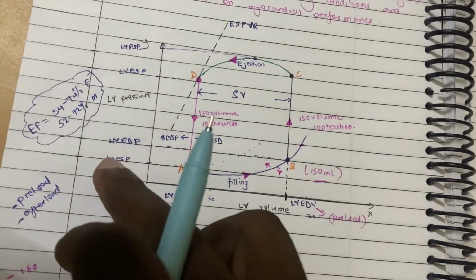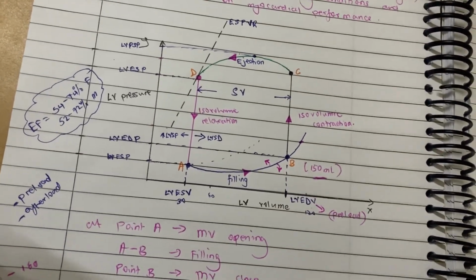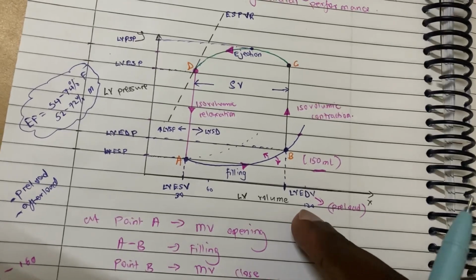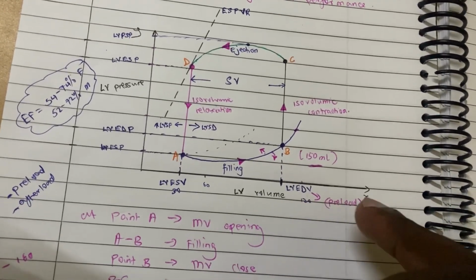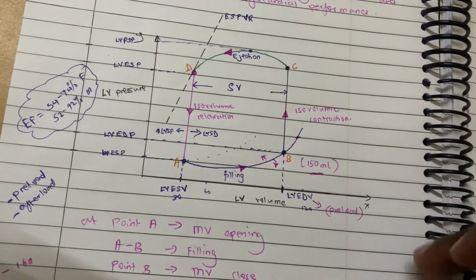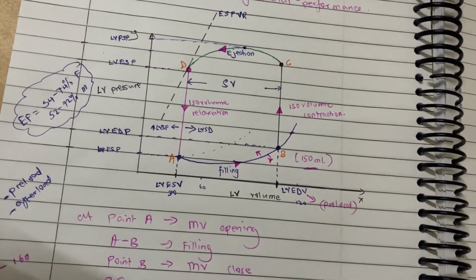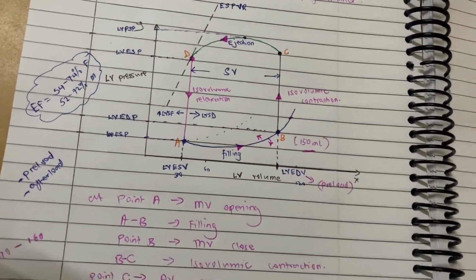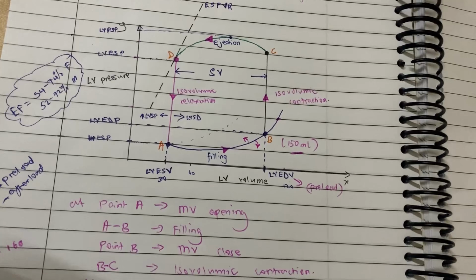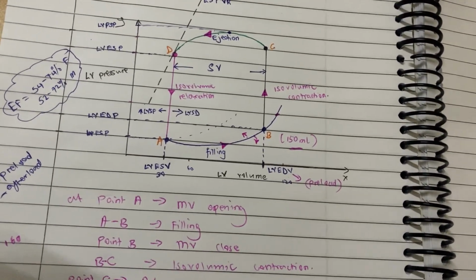If we have increased LV EDP, it is diastolic dysfunction. If we have increased LV EDV, it is increased preload. Either we have increased blood volume, or regurgitations like valvular diseases.